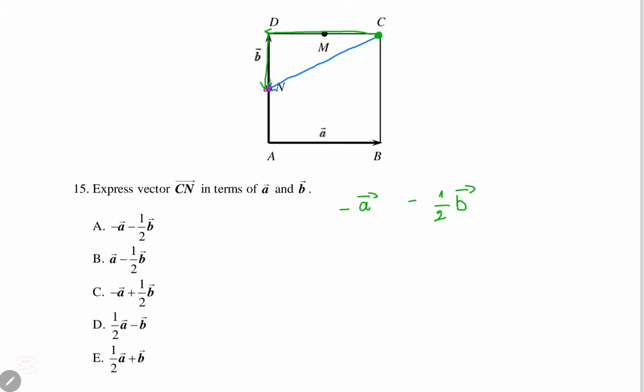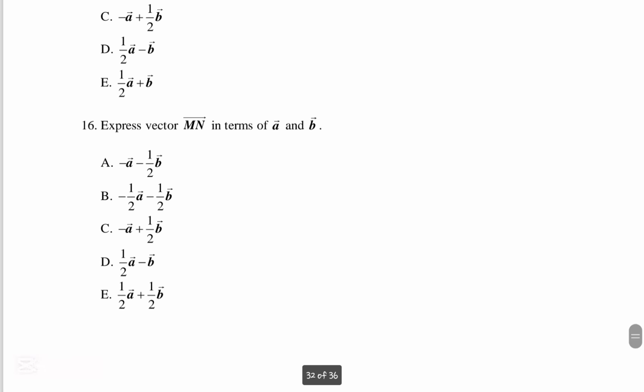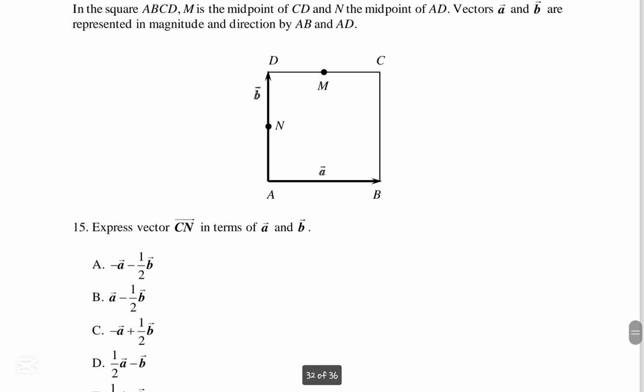So for 15, the answer should be A, which is the correct answer, okay? Now we'll move on to question 16. They want us to express MN in terms of A and B. So please pay attention to how it starts. MN, right?